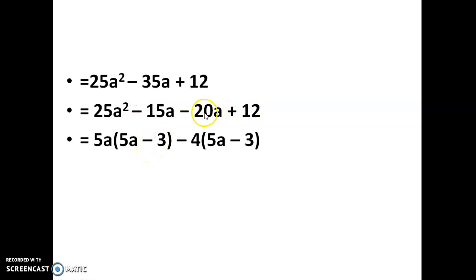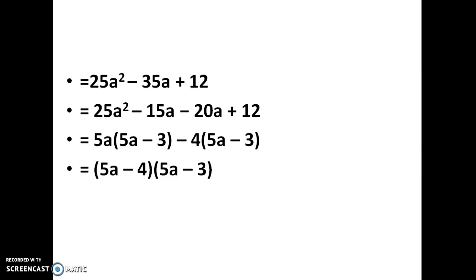Then in between these two terms, what is common? 4 is common. So we can take out 4 and inside the bracket we will get 5a minus 3. We have to make sure that inside the bracket both the terms are the same. Now 5a minus 3 is common, so that can be taken out, and one more factor we get is 5a minus 4.